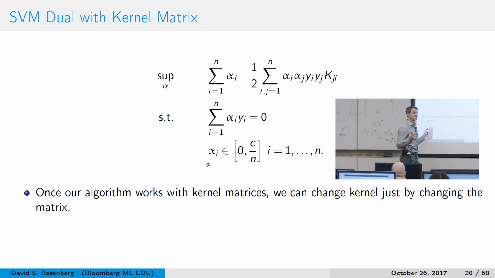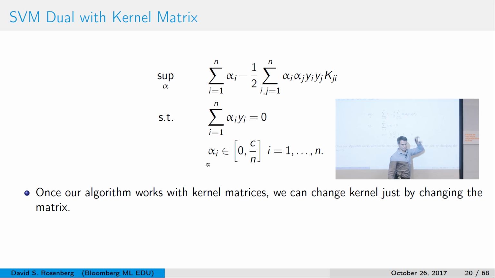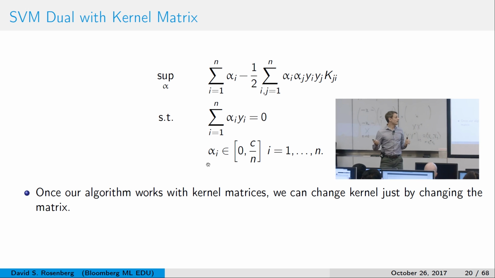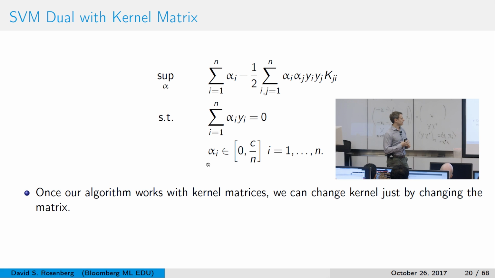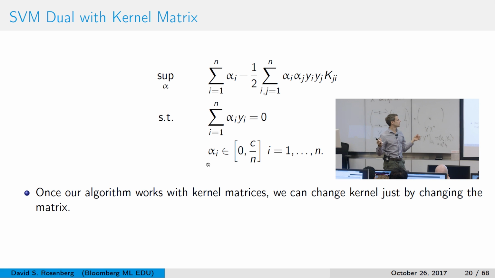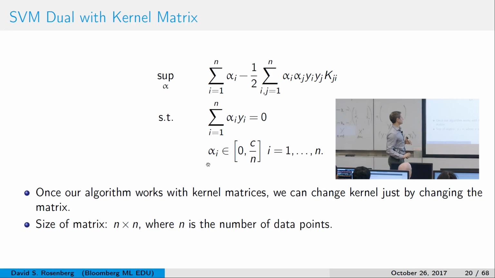It's the same size, still n by n, and we can swap it out for this original kernel matrix and run the exact same algorithm. What you end up with is a result as though you had used that full feature vector and this new inner product from the beginning.